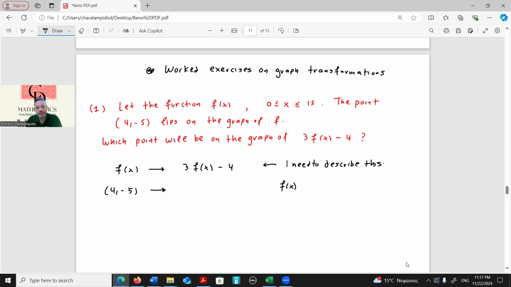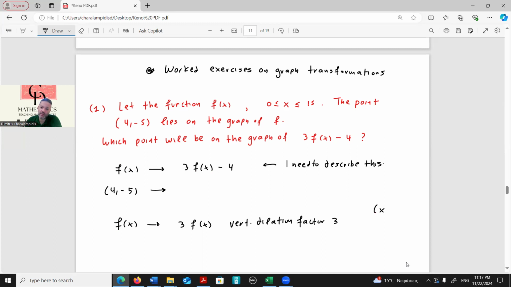From f of x, I should firstly create the 3 f of x, and this is a vertical dilation of factor 3.